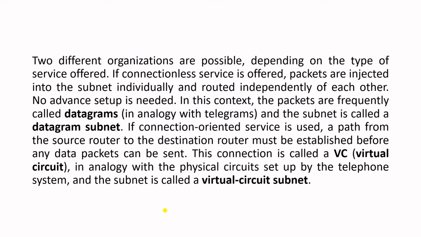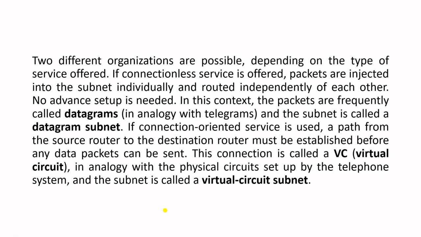So two different organizations are possible depending on the type of service offered. If connectionless service is offered, packets are injected into the subnet individually and routed independently of each other. So no advance setup is needed. In this context, the packets are frequently called datagrams, and the subnet is called a datagram subnet.